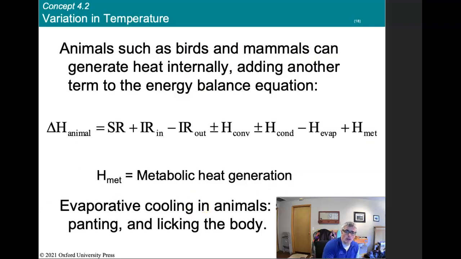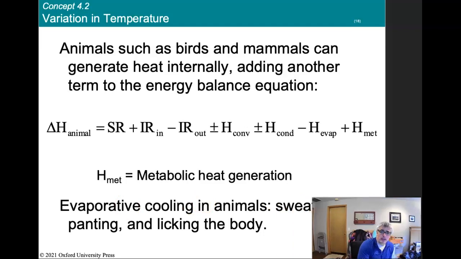Now, for animals, the equation is primarily similar, but when we think about animals that generate heat internally, we need to add another term to balance the equation. So here, instead of delta H plant, now we have delta H animal.